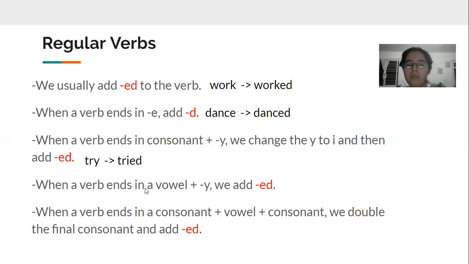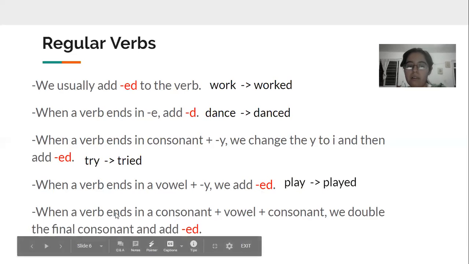Then, when a verb ends in a vowel plus Y. There we have it. Vowel, A, then Y. We add ed. Play, played. And the last one, when a verb ends in consonant, vowel, consonant. The example is stop. So P consonant, O vowel, P consonant.